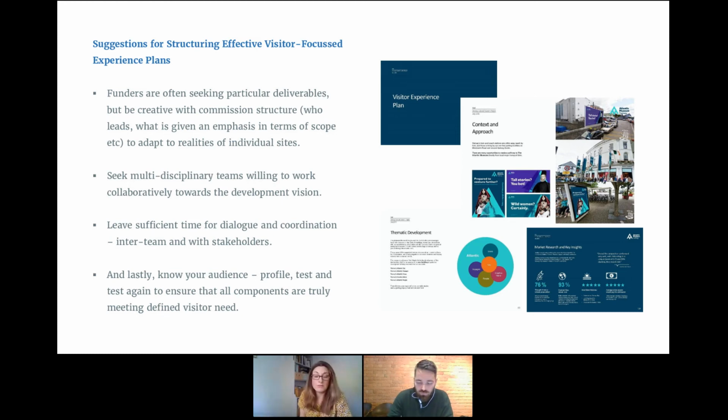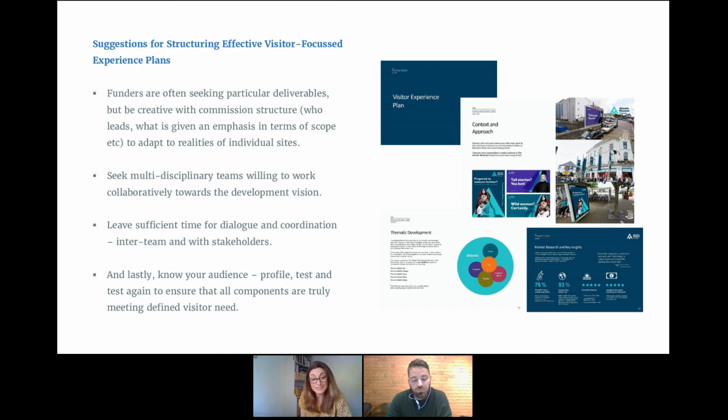We really recommend that before clients embark on projects like this, you have a really firm understanding of your audience profiles, people that you would like to target as part of a particular development scheme. And if that information isn't in place at the start of the commission, prioritise the gathering of that information perhaps as part of a visitor experience planning process.